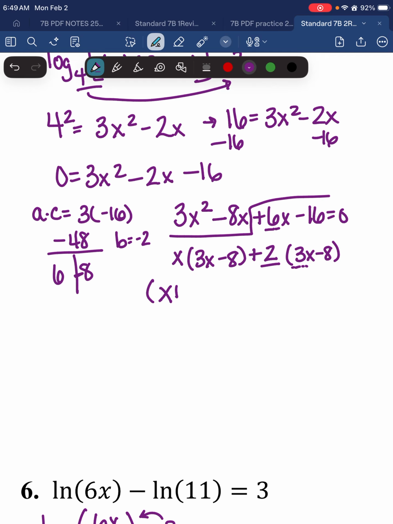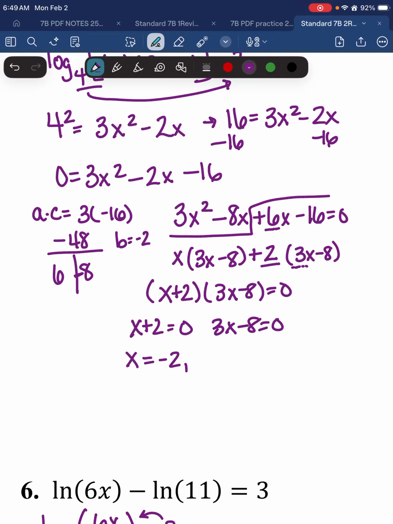So I have x plus 2 times 3x minus 8 equals 0. So x plus 2 equals 0, 3x minus 8 equals 0. x equals negative 2 and 8 thirds.